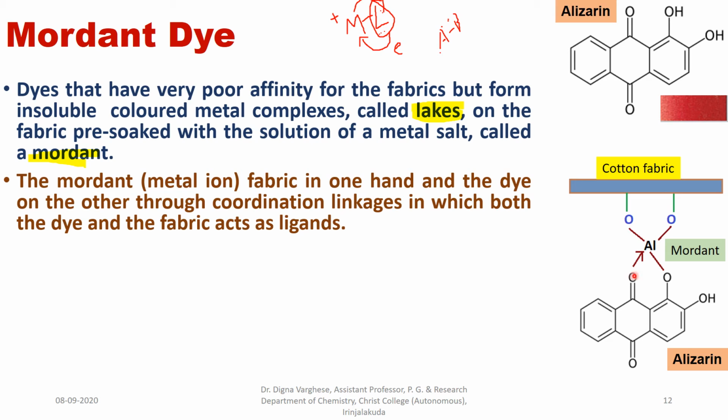Both are attached to the metal atom, forming a complex. Here the mordant is the metal ion, and the insoluble colored metal complexes are known as lakes. So the cotton fabric and the dye act as ligands to the metal ion.